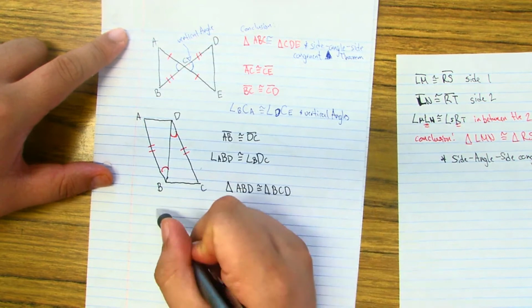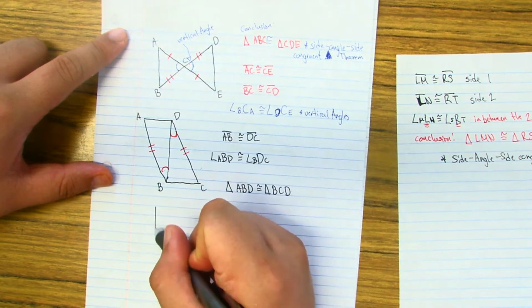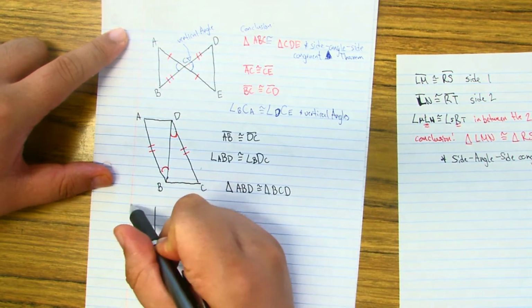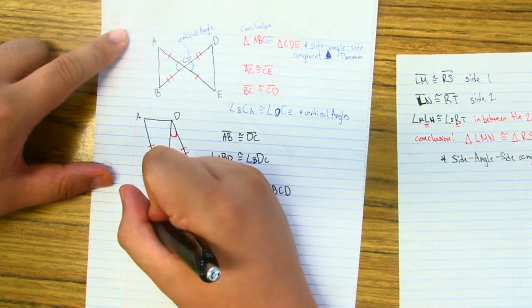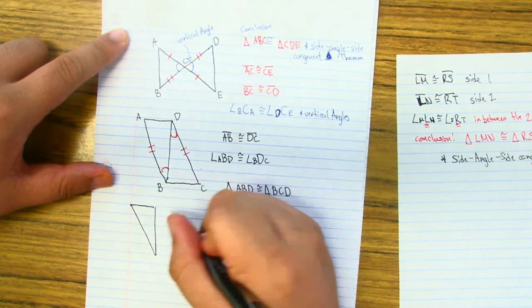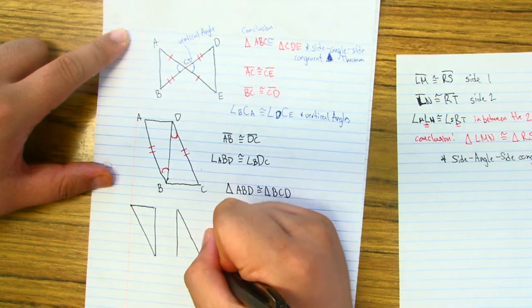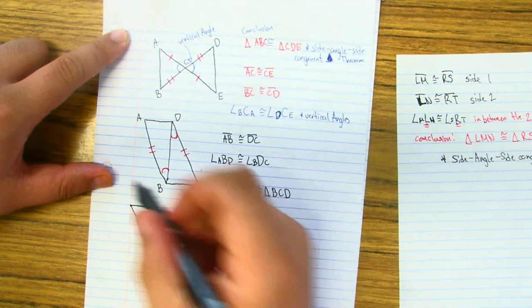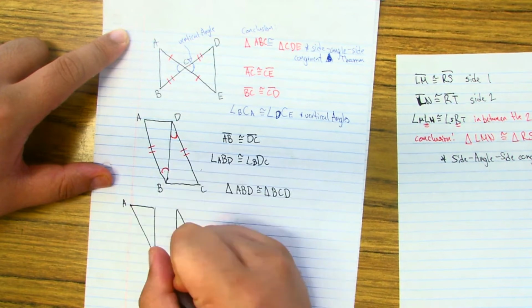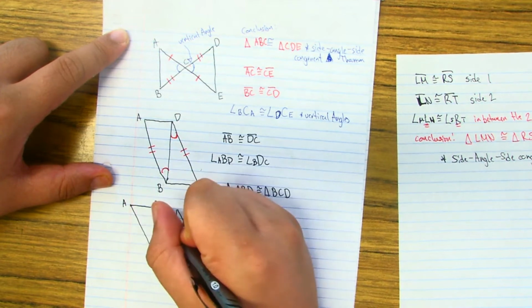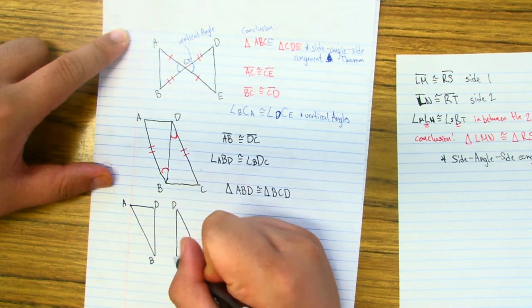So here, let's separate the drawings. I'm going to draw a small drawing on the left, on the bottom. This is similar to one of the examples we already had, right?